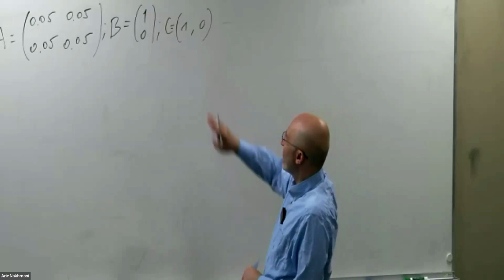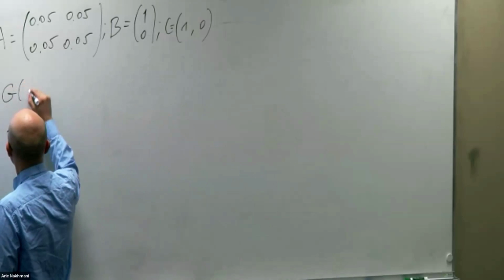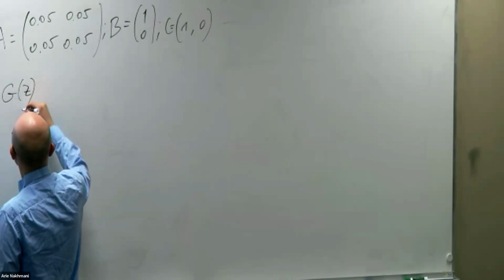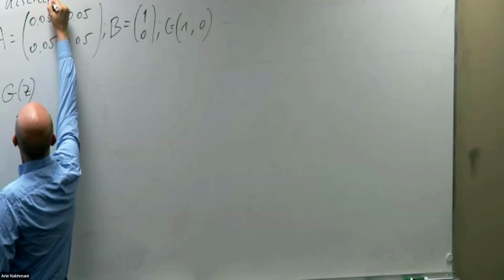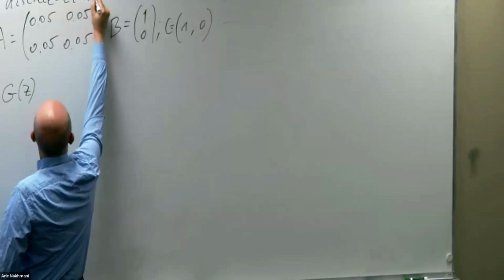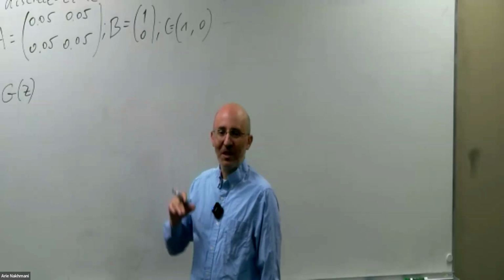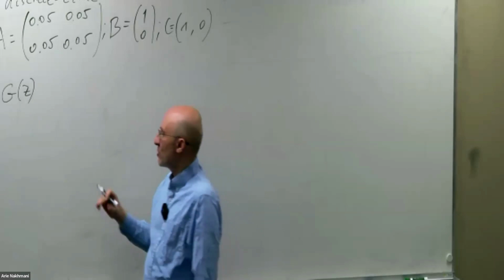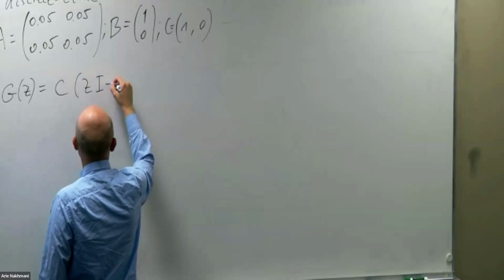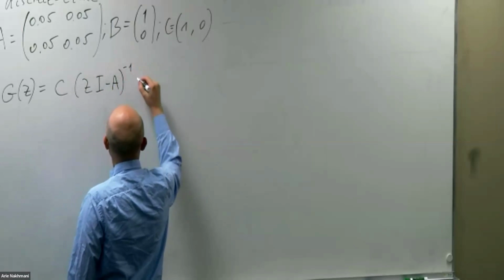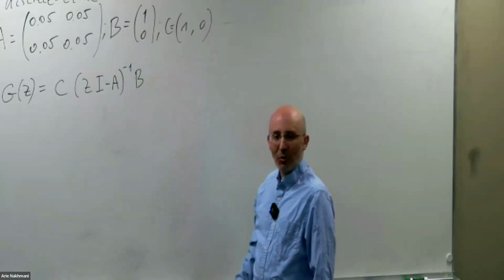All right, so we want the transfer function of that particular system. If you remember, transfer function G of Z, this is a discrete time system, which means we are working with Z, not with S. The formula is exactly the same, so it doesn't matter. That will be C, ZI minus A, inverse, B, and it should also be plus D, but D is 0, so ignoring that part.